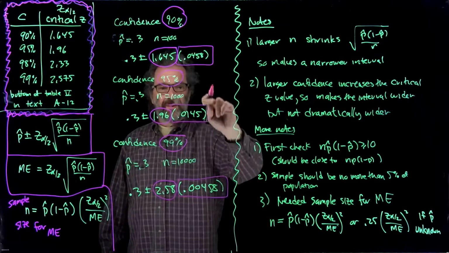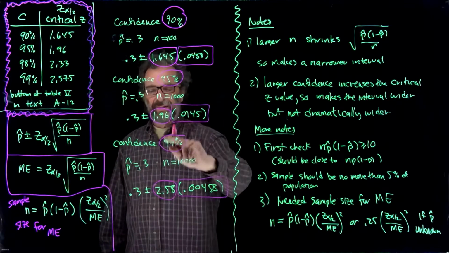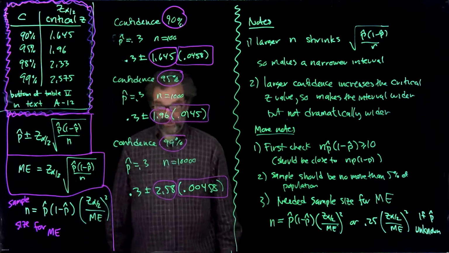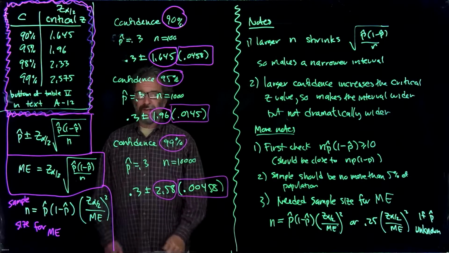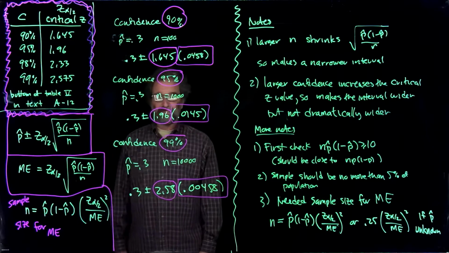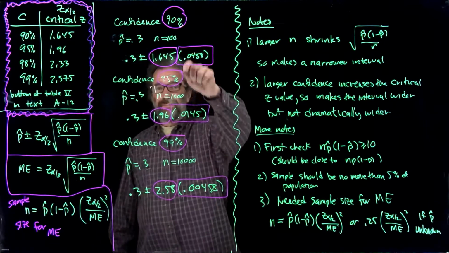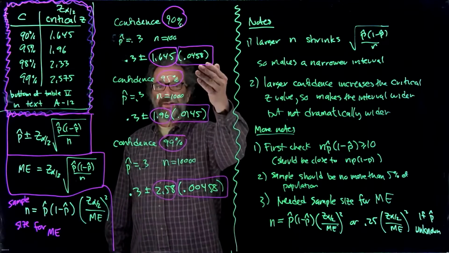So this number gets divided by 9 as we go down the list, and these just stay about the same size. So that points out the need for large samples if you want accuracy, because no matter what confidence level you're using, you get almost the same size interval. If you really want to change the interval size, you really have to change the sample size.